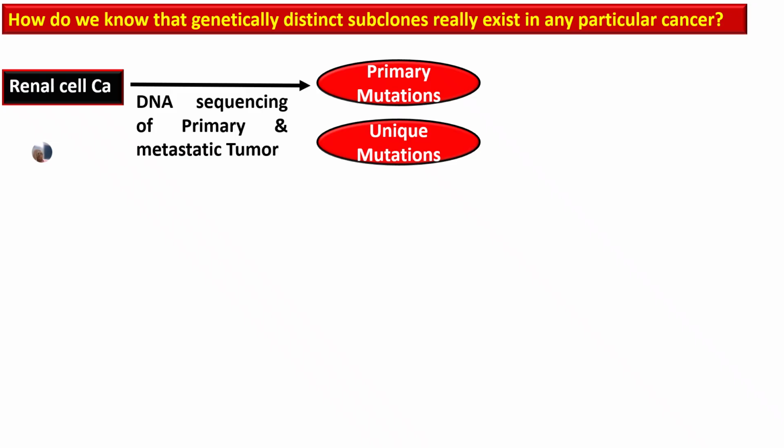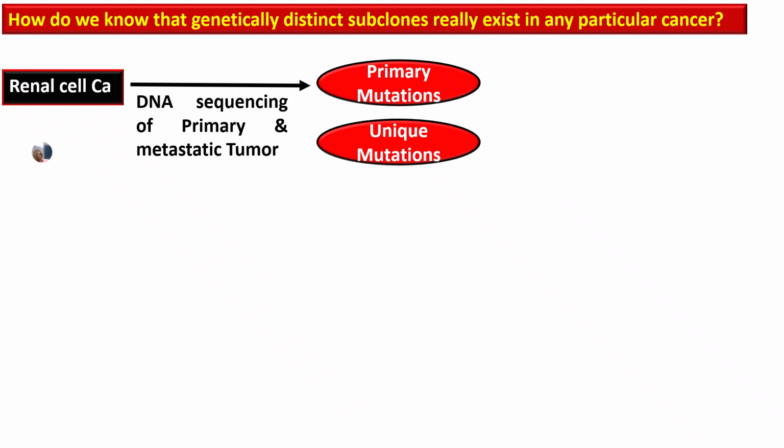These are found only in some tumor regions that arise after the initial transformation, during tumor expansion and spread. These mutations help trace the lineage of the subclones.